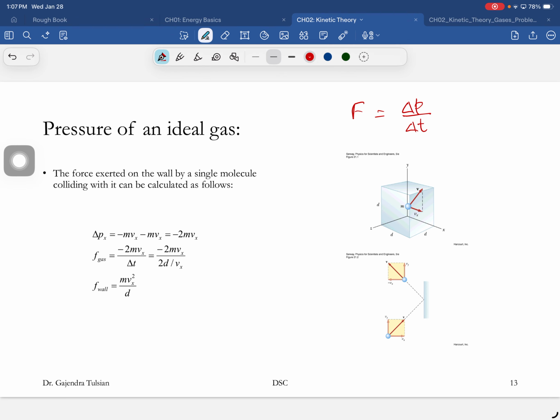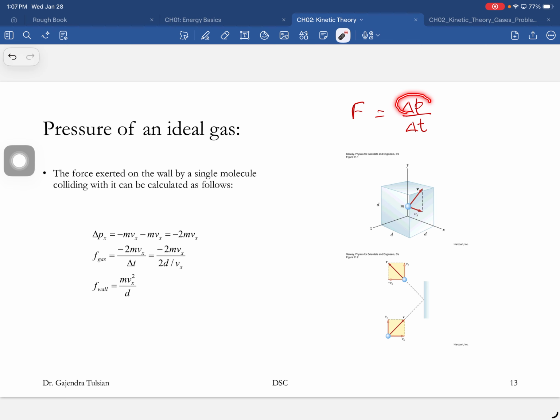So the change in the momentum of the molecule is the final momentum minus the initial momentum, which is 2 times its mass times its x component of velocity. That was the force on the gas: the change in momentum of the molecule divided by the time over which this change happened.